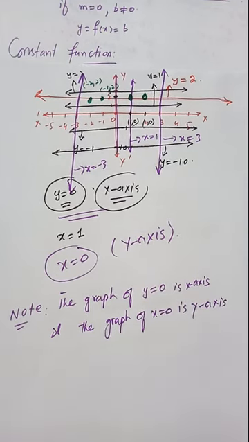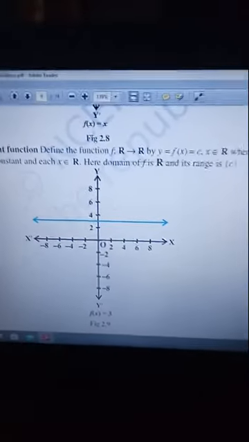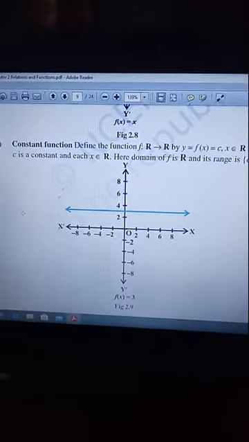Okay, so these are the graphs of a constant function, and the x-axis and y-axis. If I share the left of the screen with you, you will see it here.